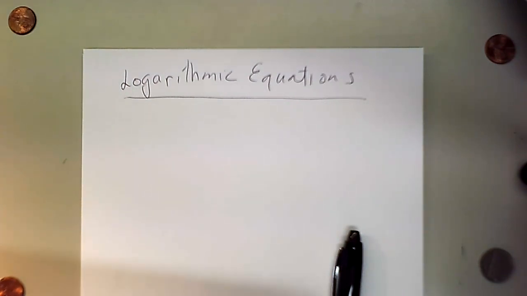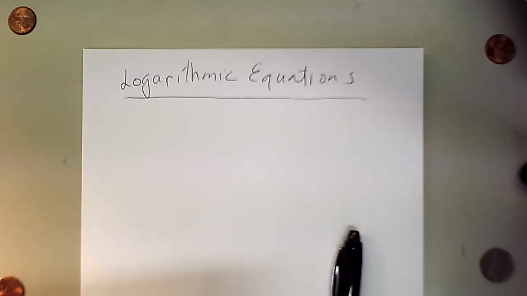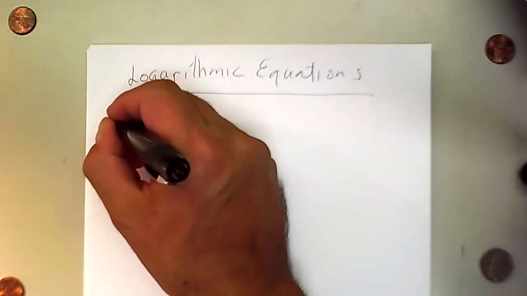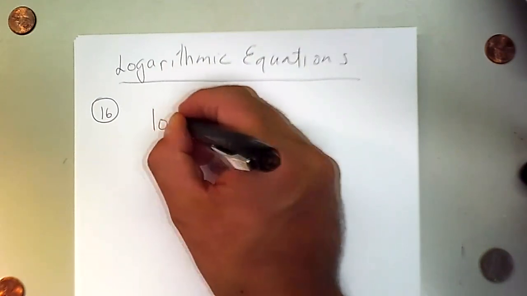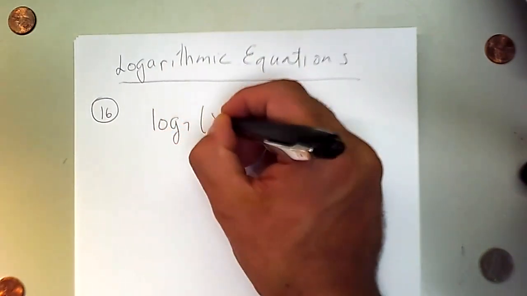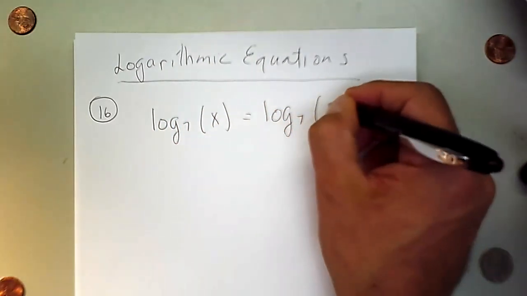There's going to be one twist to logarithmic equations. I was looking to see what example number is next, 16. Okay, let's say you have logarithm base 7 of x equals logarithm base 7 of 2.